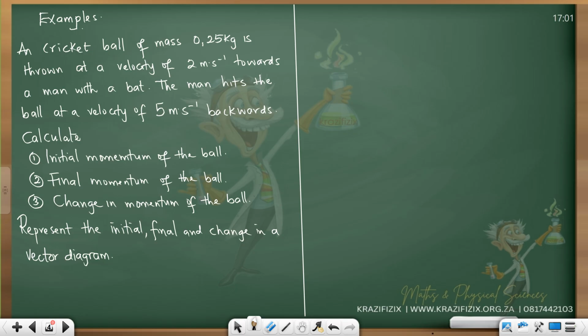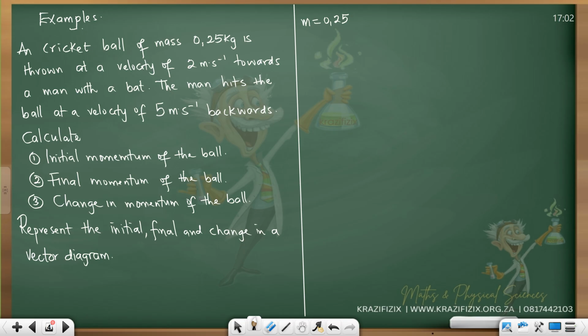Okay, so a cricket ball of mass 0,25. I like to always read and understand what the examiner is saying. M is 0,25, okay? It's thrown at a velocity of 2 meters per second towards a man with a bat.